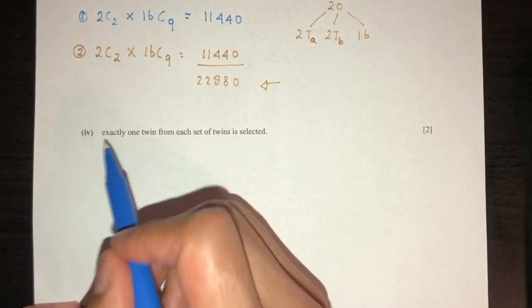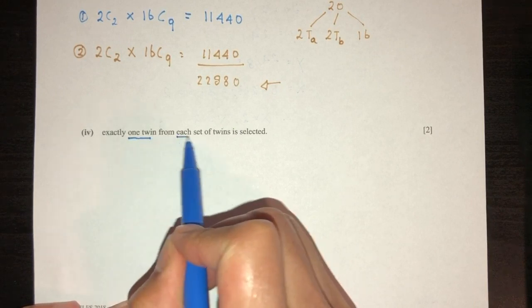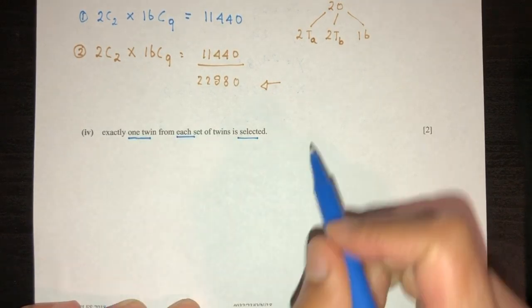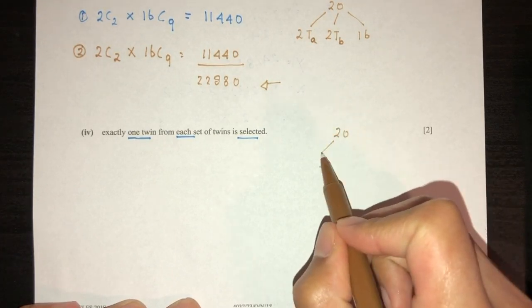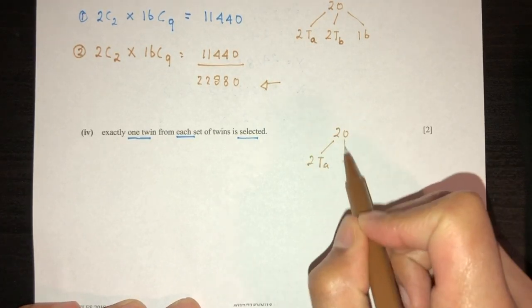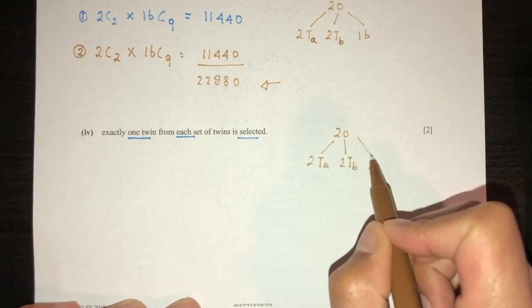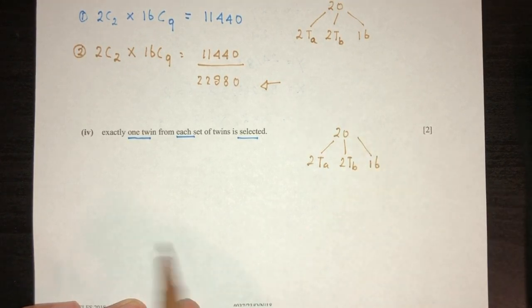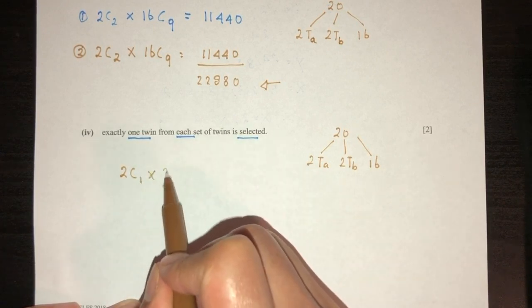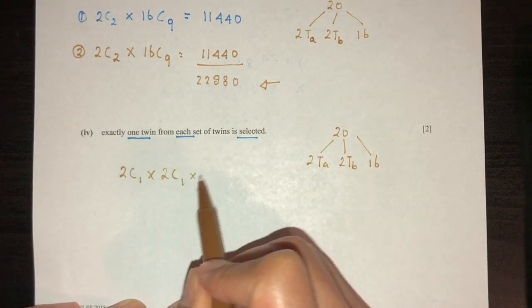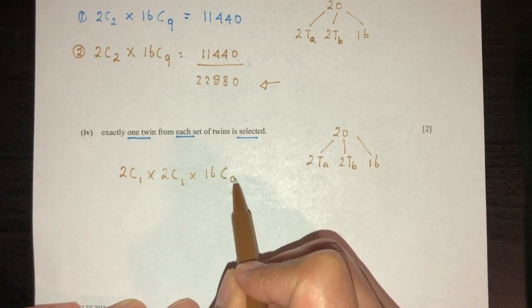Now part 4, it says exactly one twin from each set of twins is selected. Same steps. First, let's break it down so we can visualize. We have 2 twins from set A and 2 twins from set B, and then 16 people. So we choose 1 from this set and 1 from this set, and from the 16 we choose the remaining 9 people.